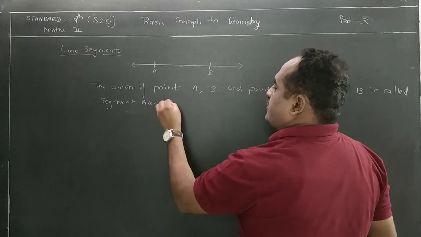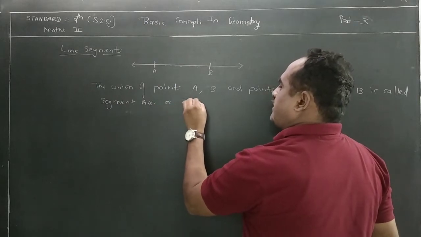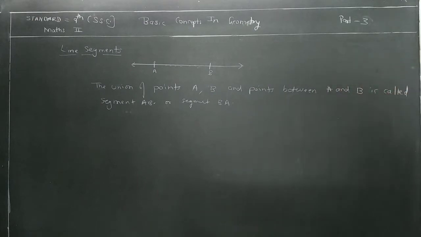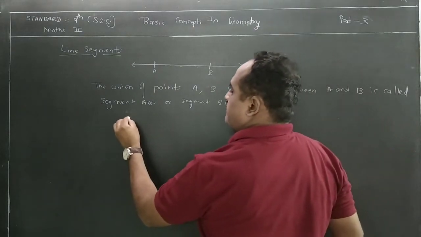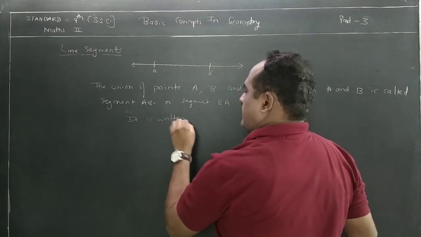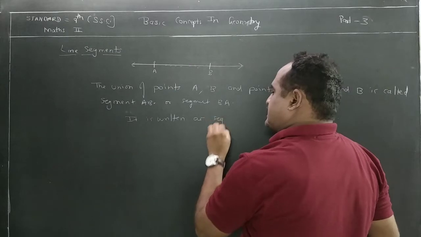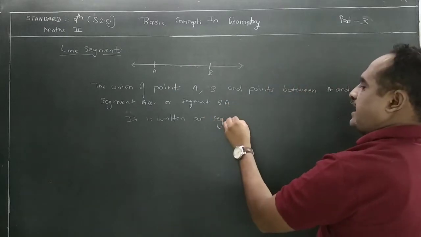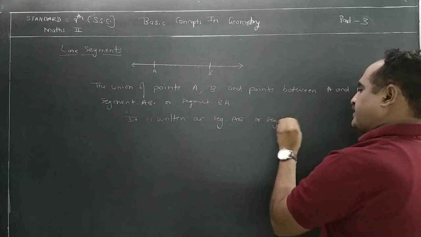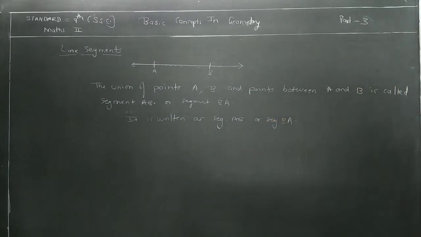Or it is also called segment BA, segment AB or segment BA. It is written as seg AB or seg BA. Have you understood this now?